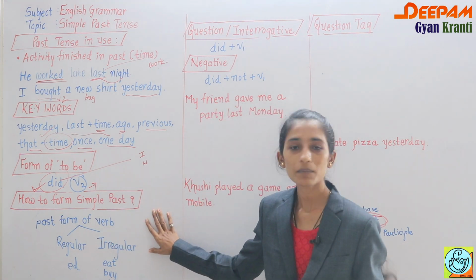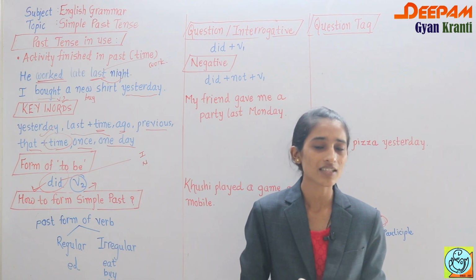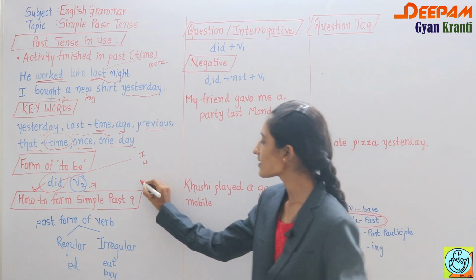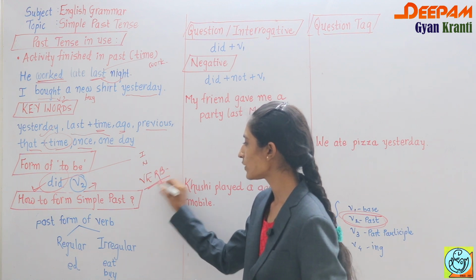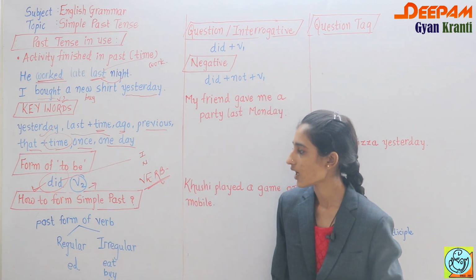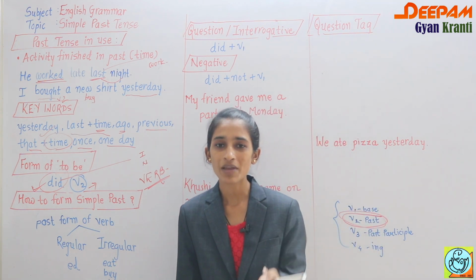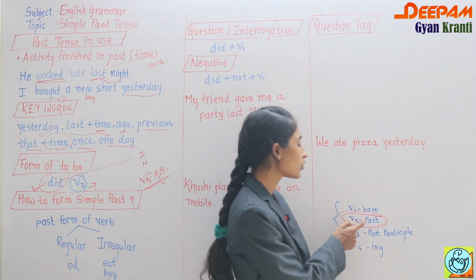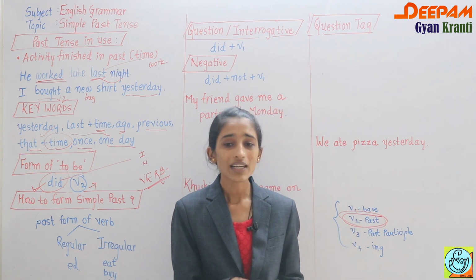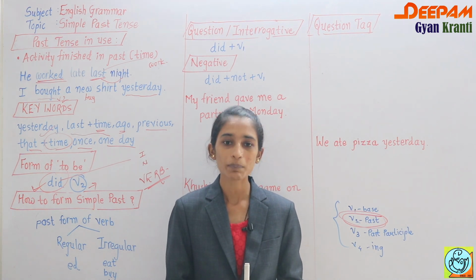Then how to form simple past tense? I already told you that as far as tenses are concerned, it is the game of verb and to be form. Generally you have to make the V2 form in the past tense. But how can we create the V2 or past form?